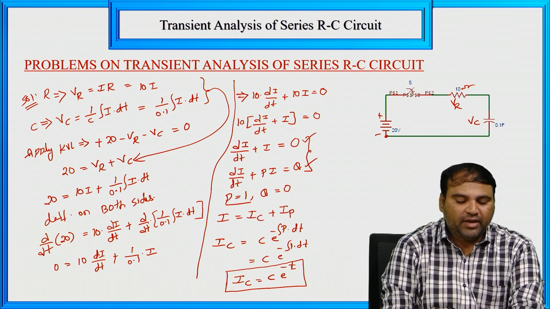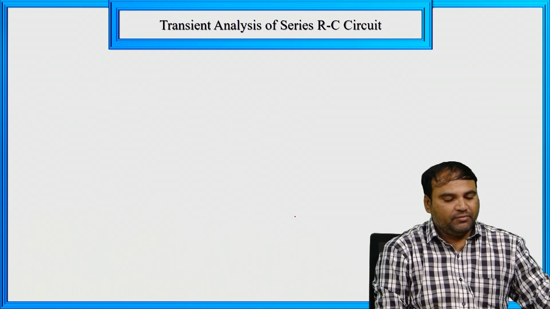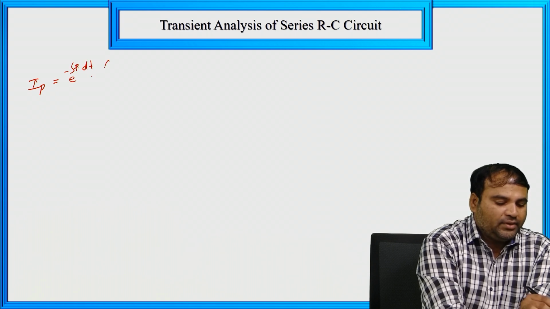Now we need to calculate the particular integral, IP. Here also we have the equation e power minus integral of p dt into integral of q into e to the power of integral of p dt into dt.